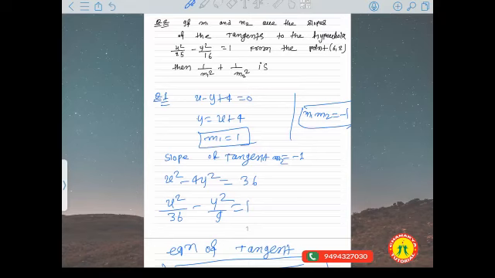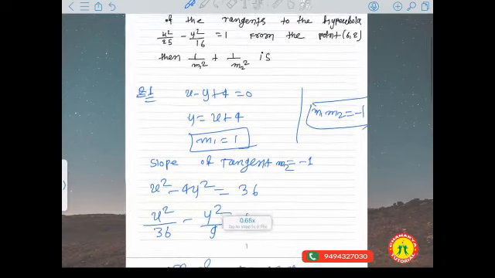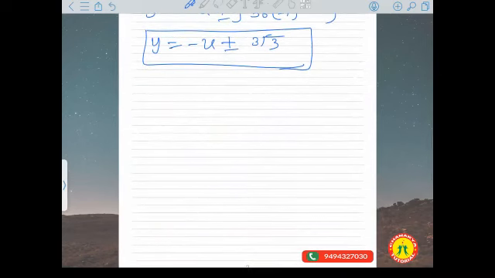Aditi, you got the answer, or still doing? मैं कर दूं? Let's see, I am solving the question.